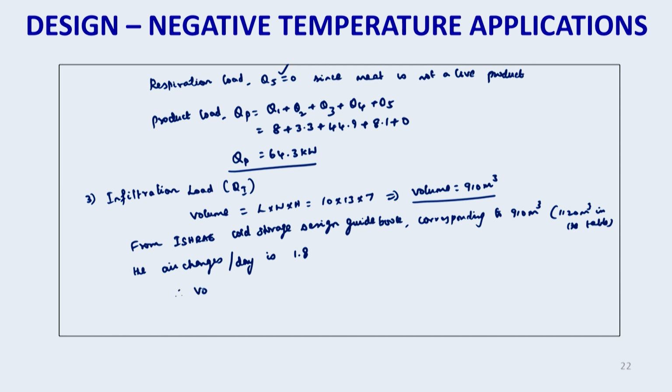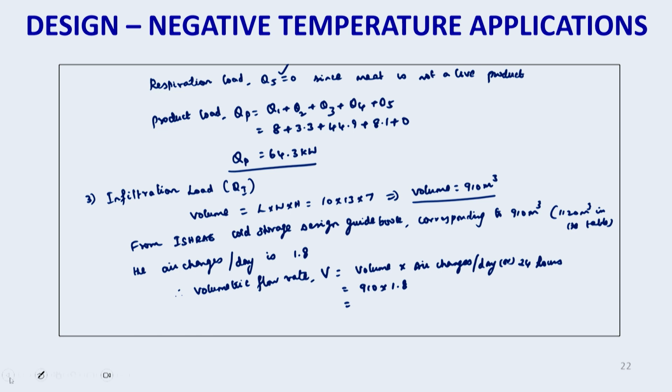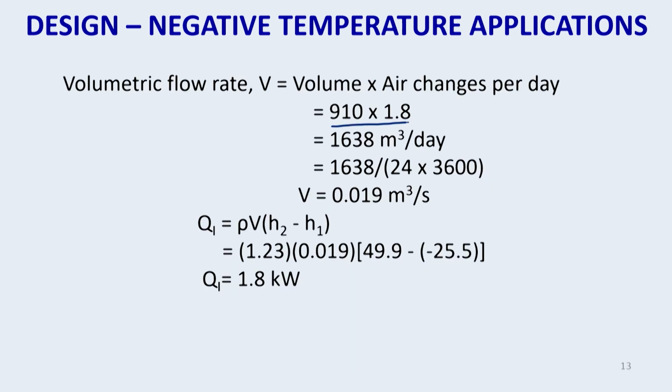Therefore, the volumetric flow rate, capital V, is equal to volume multiplied by air changes per day, or 24 hours. So this is equal to 910 into 1.8, which comes to 1638 meter cube per day.